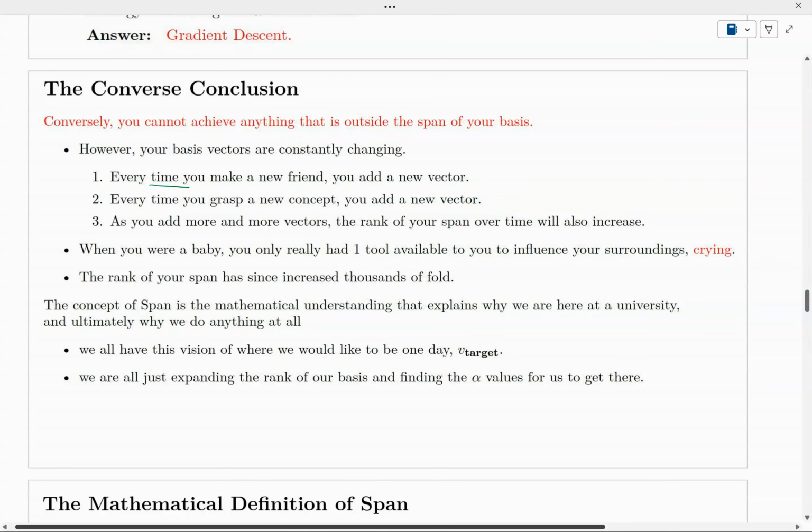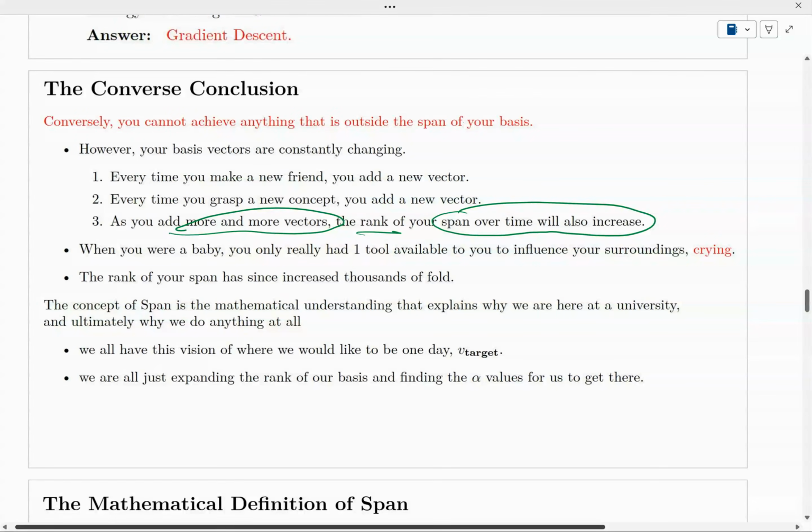So you can imagine you're constantly building your basis so that you're spanning a larger and larger space. Well, every time you make a new friend, right, that new friend is a basis, is a new vector. Every time you grasp a new concept, right, you added a new vector. As you add more and more vectors, the rank of your span will over time increase. So that's how you increase in your capability by learning, by getting to know more friends.